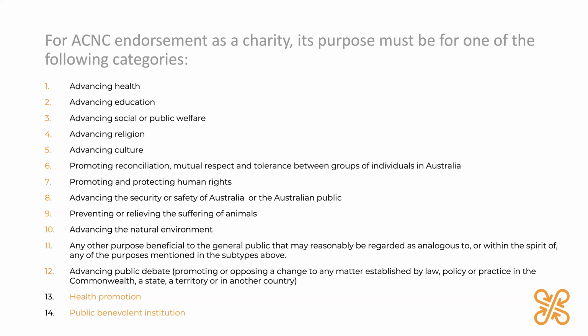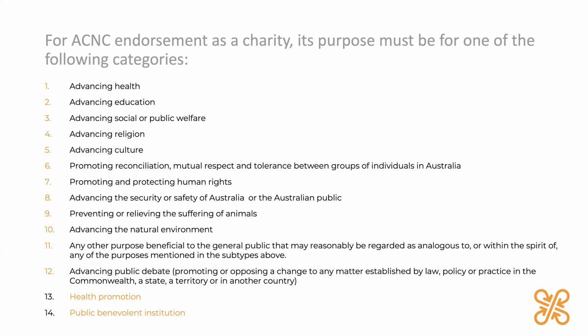When the ACNC looks at whether you qualify as a charity, it looks at your purpose. And this is why in a few webinars, we're going to talk about your social purpose, because it is so important. But in recent times, the ACNC and the Tax Office are taking a closer look. They're putting more scrutiny around this.